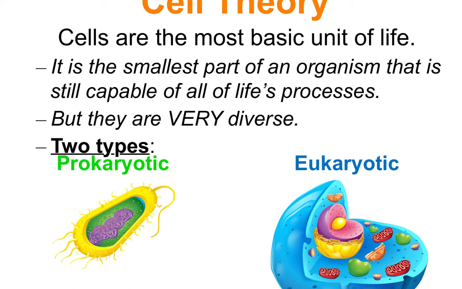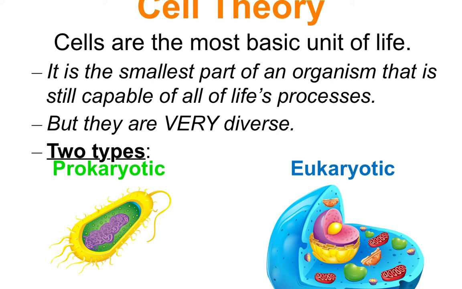But they're very diverse. There are two really different types of cells, prokaryotic and eukaryotic. A prokaryotic cell, most people will consider more like bacteria. Their DNA is just hanging around inside of the cell.